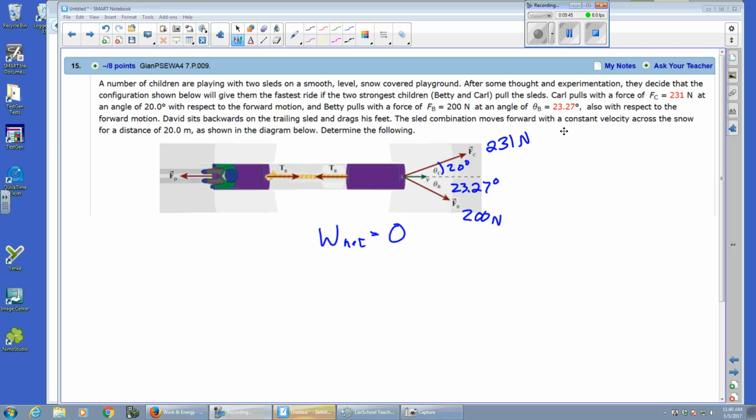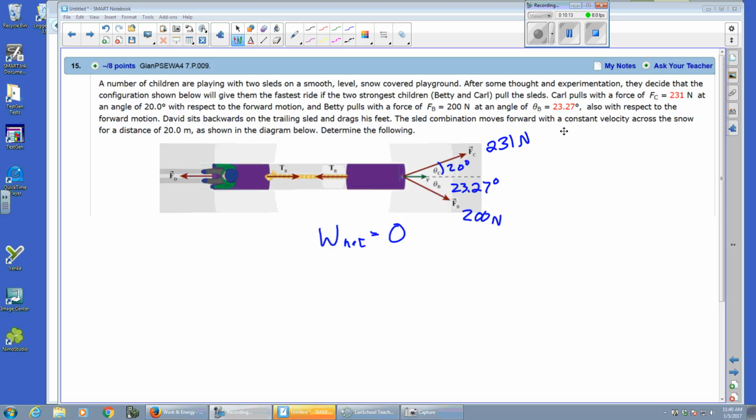Work net is the change in the kinetic energy. So that means in this case, as much work is done by Carl and Betty as is taken away by David sitting there.